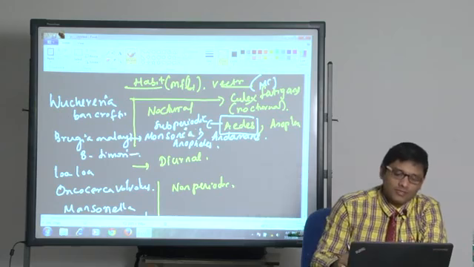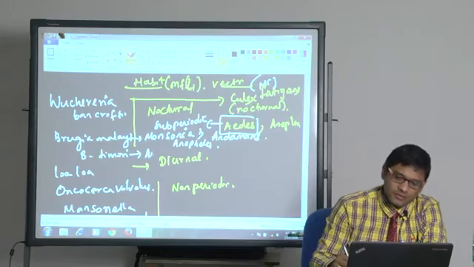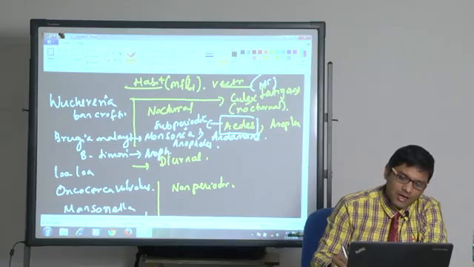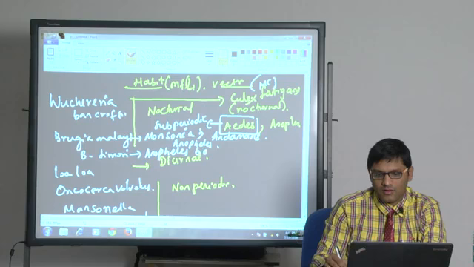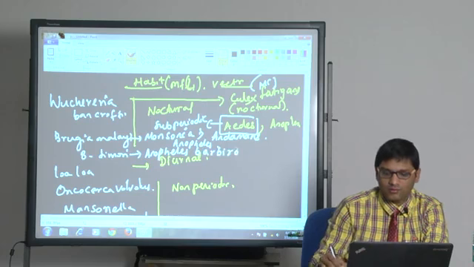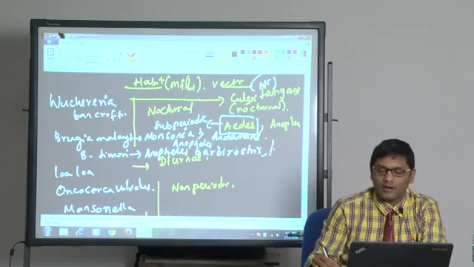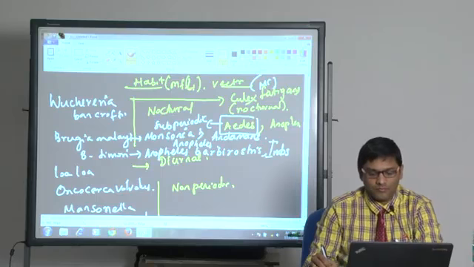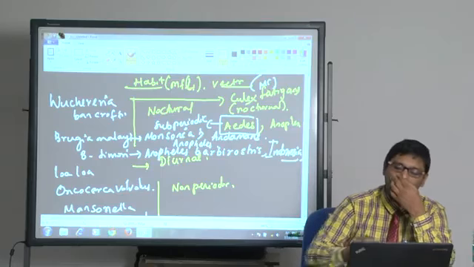Brugia timori is transmitted by a species of Anopheles called Anopheles barbirostris, and timori is endemic only in Timor island of Indonesia. Only in that particular island is this seen.